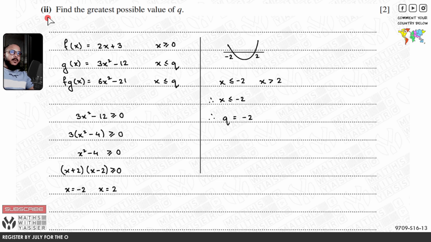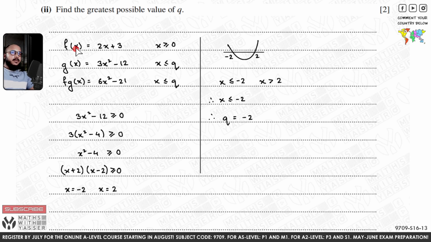In the next part of the question, find the greatest possible value of q. So these are the equations of the functions f(x), g(x), fg(x). For this, you have to understand that although it is only 2 marks, it is actually a bit conceptual. What you need to think is, for the composite function to exist, the output of g of x must satisfy the input of f(x).